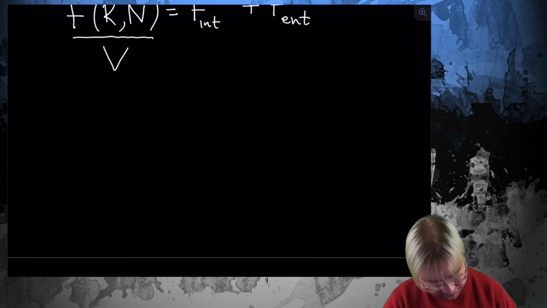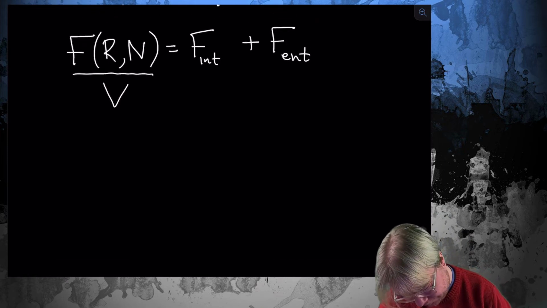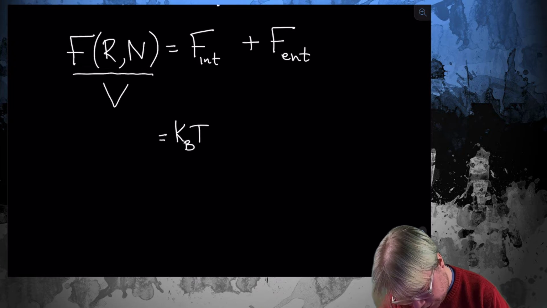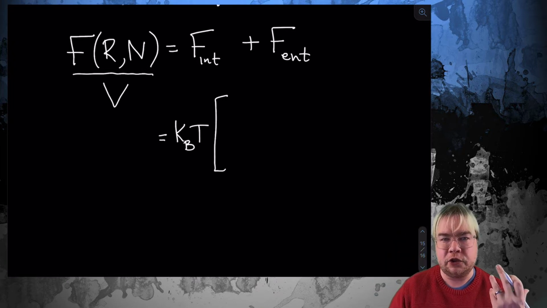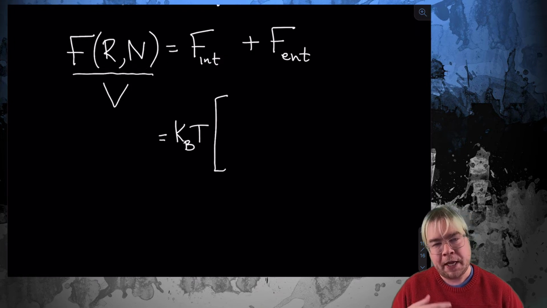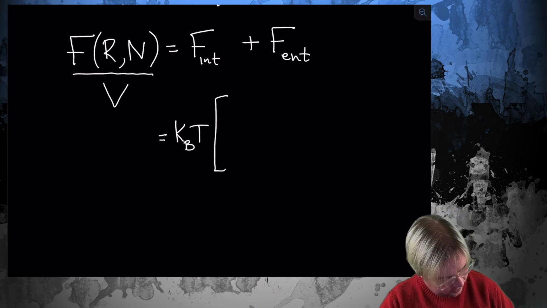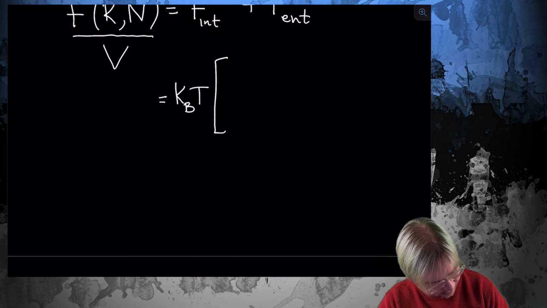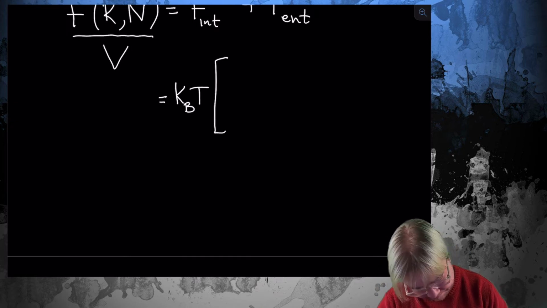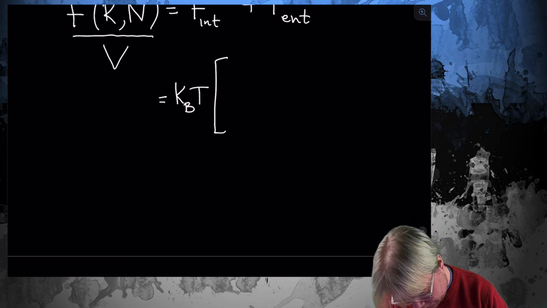If that's the case, we can combine these terms, and this free energy will be kBT, the thermal energy, multiplied by the free energy that's due to the interactions between monomers, and the free energy that's due to entropy. Let's just write down what we have.